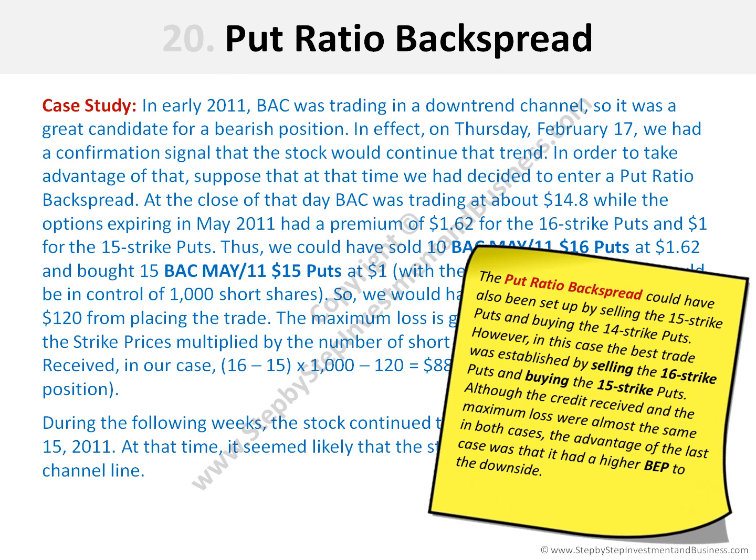However, in this case, the best trade was established by selling the 16 strike puts and buying the 15 strike puts. Although the credit received and the maximum loss were almost the same in both cases, the advantage of the last case was that it had a higher break-even point to the downside.